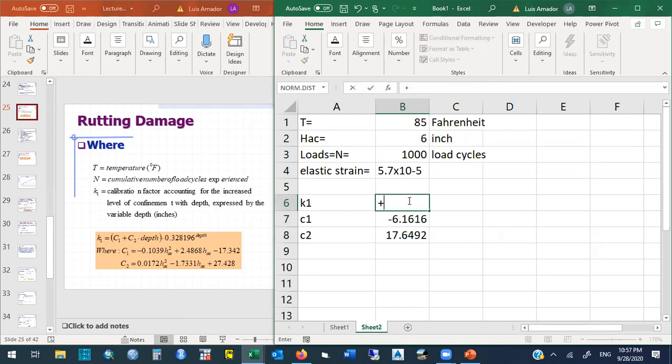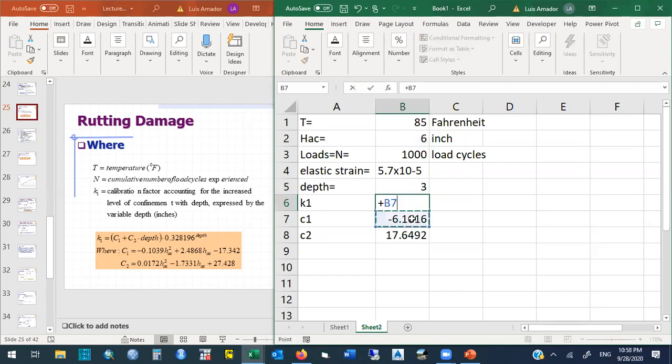And this one is C1 plus C2 times the depth. Now, I recommended the depth to be halfway through, so I'm gonna put it here, depth, so we can play with that. For now, I'm saying it's at halfway, so I'm saying that divided by 2. So let me just go again here.